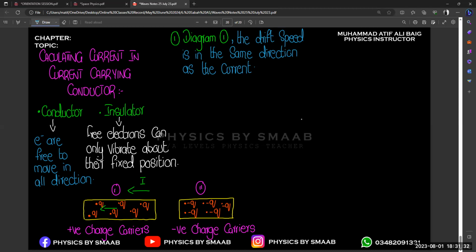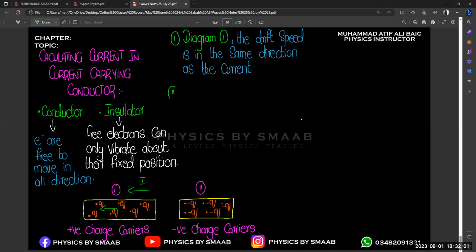Because if we want to find the speed, we are also able to find the direction, because velocity is a vector quantity. In previous stages we were only talking about the magnitude, I equals q upon t, that's it. We never talked about the speed or velocity of the charges, right? So that's why in diagram 1 the drift speed is in the same direction as the electric current.